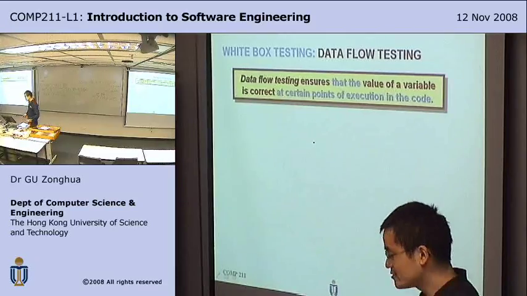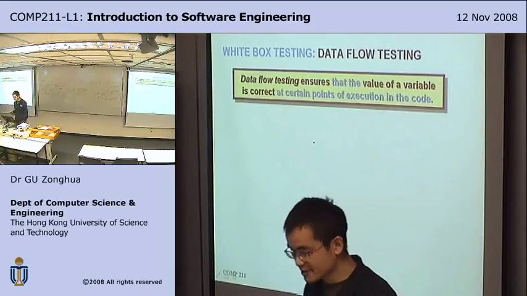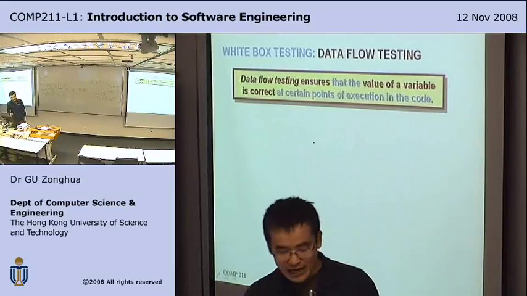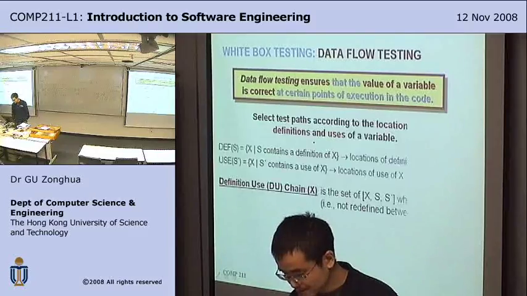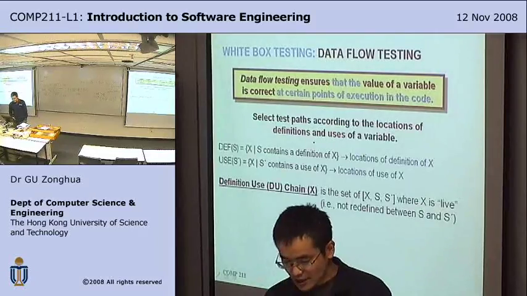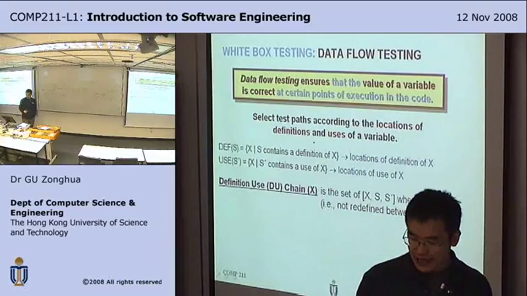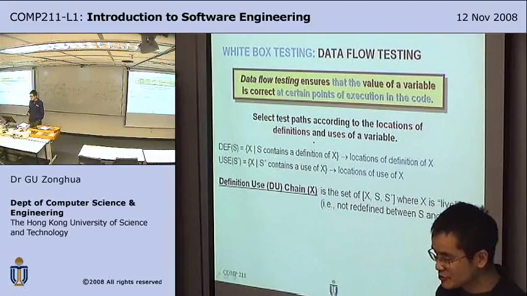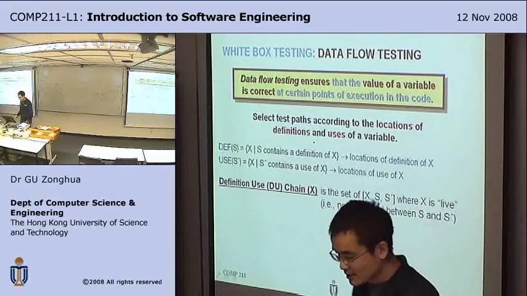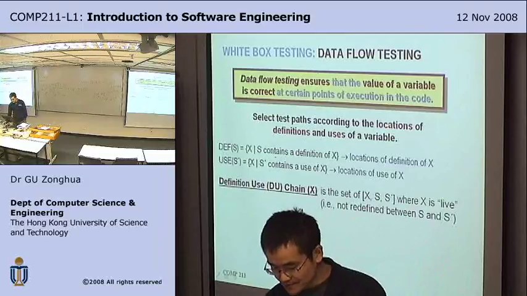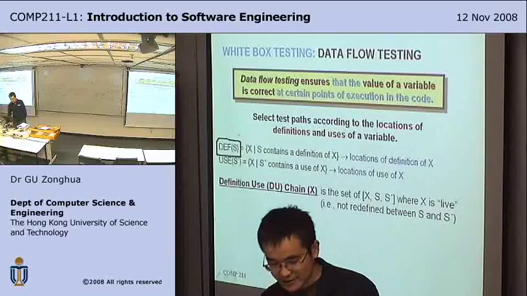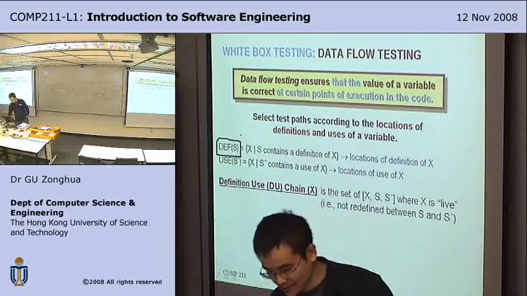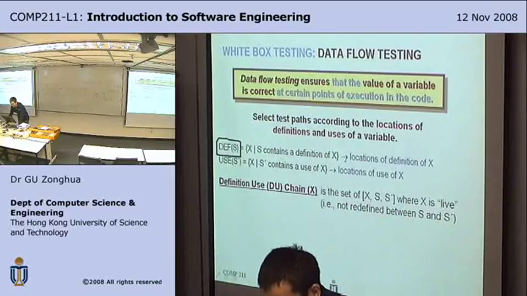So now the focus here is different. This is focusing on variable values and whether they're correct. Select test paths according to the locations of definitions and uses of a variable. The definition of a variable is called def(s), where S is a statement that contains the definition of variable x.